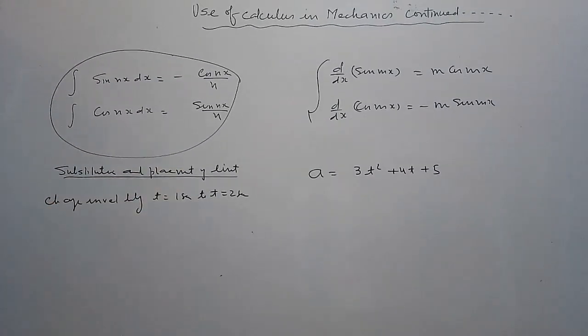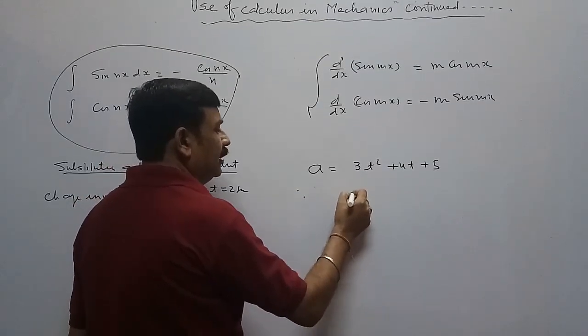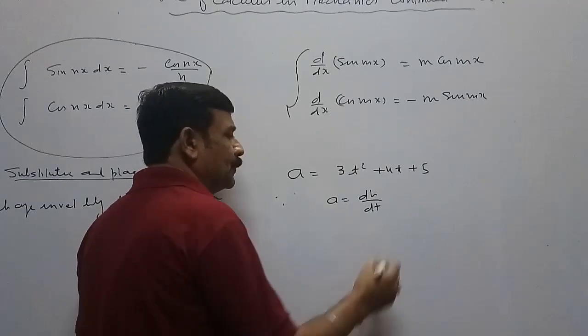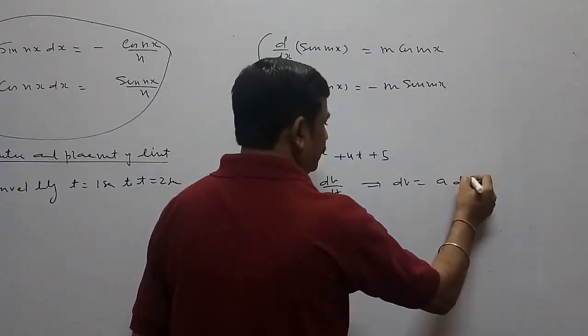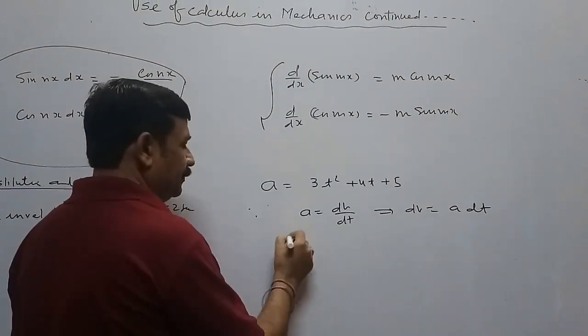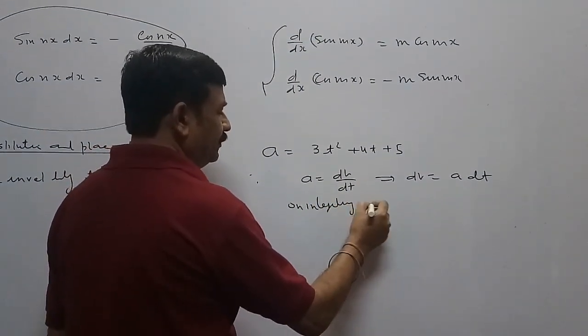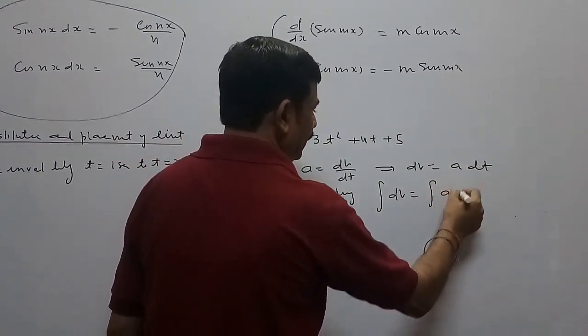Then this step we have to use. We will write, since a is equal to dv by dt, it implies that dv is equal to a dt. On integrating, integration of dv is equal to integration of a dt.